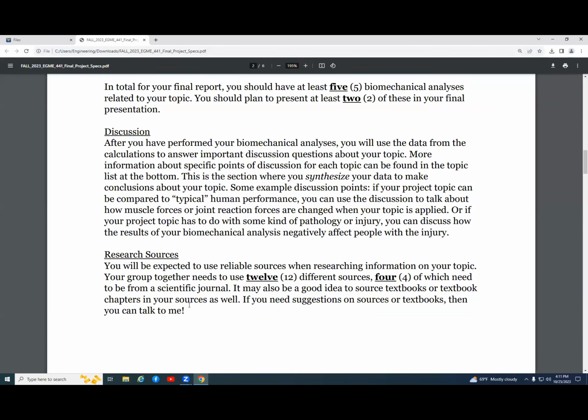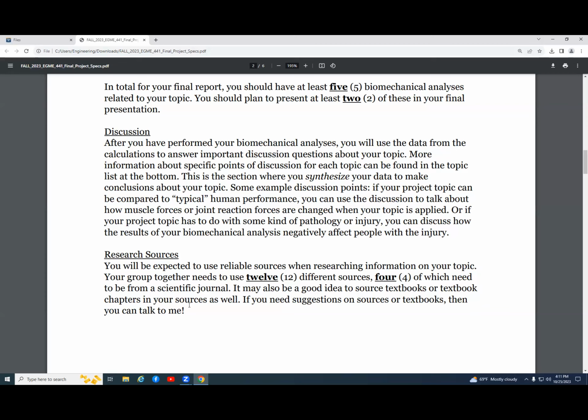So when you compute things like the muscle forces inside a cat jumping up on a bookshelf, they're going to be quite different, relative to the amount of weight a cat has and its requirements in terms of how fast it needs to move and how nimble it needs to be. Those numbers mean something; they're not just numbers on their own. So I want you to take those numbers, put them in context in terms of what's important for your project, and analyze that in your report and in your presentation. I gave you some example discussion points here.